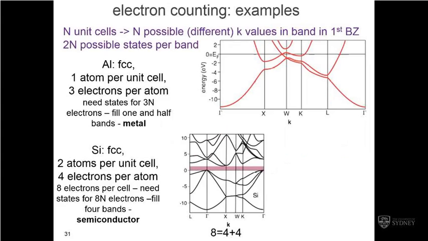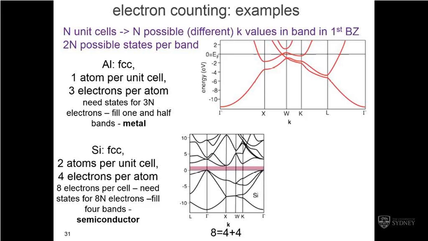So let's think about aluminium. We know it's FCC, not that that really matters for this problem. It has one atom per unit cell, and in this case there are 3 electrons for every atom. So we've got 3 electrons in every unit cell, and we've got N unit cells. So we need to find states for 3N electrons.